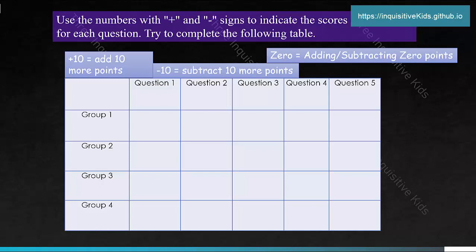Plus 10 equals add 10 more points. Negative 10 equals subtract 10 more points. 0 equals adding or subtracting 0 points. After you fill them in, it should be like this.